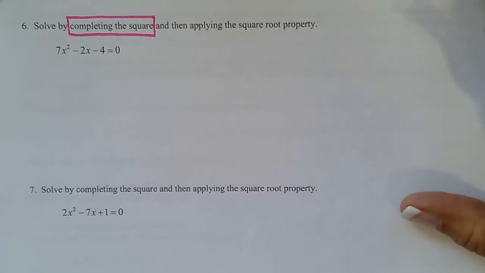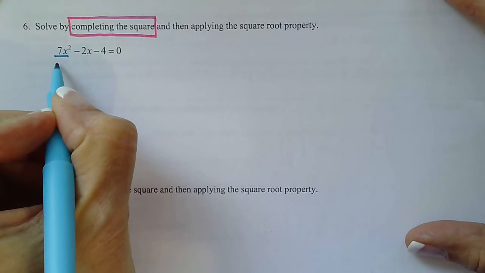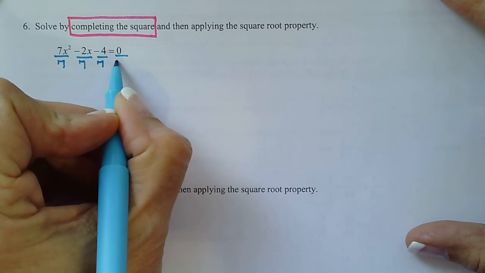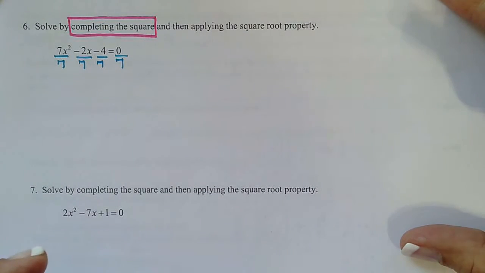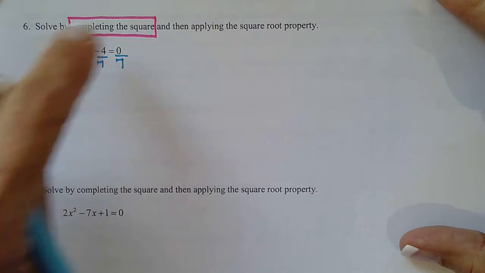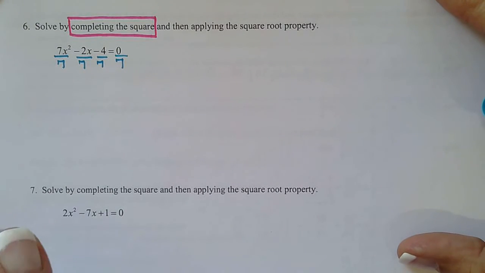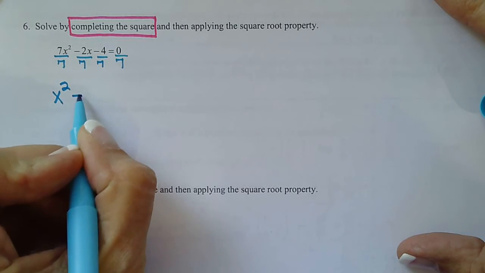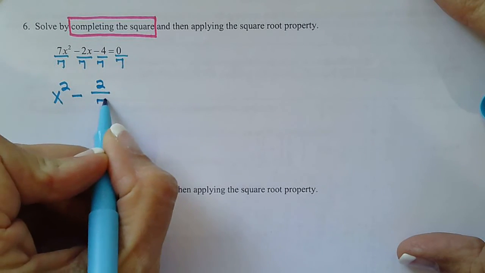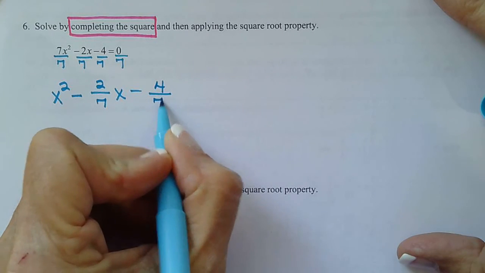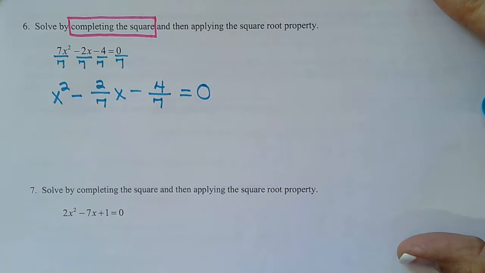So every single term all the way along needs to be divided by 7. Both sides, every term. Why? Because we need our leading coefficient to be 1 in order to complete the square. So now we have 1x squared minus 2/7 x minus 4/7 equals 0.